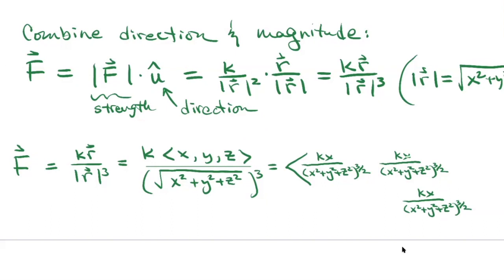So second component, Ky, third component, Kz, with commas between them. That's an inverse square field. Not fun.